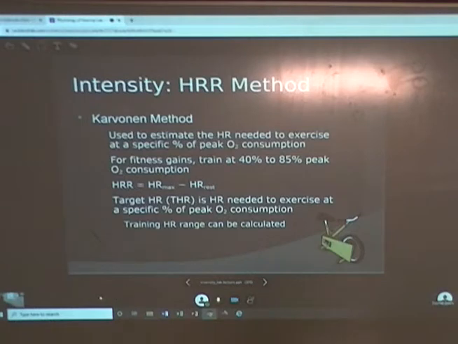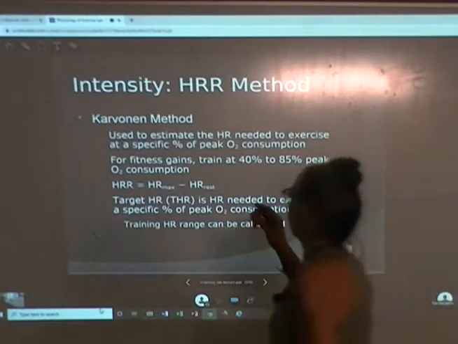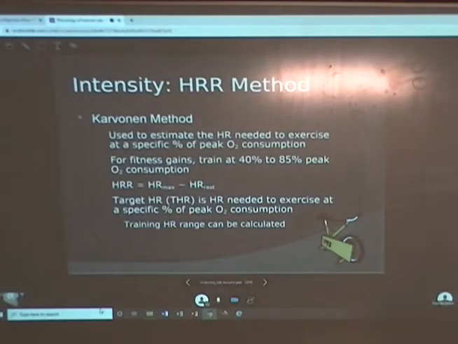And on page 386 in your textbook, they give you a nice example of this. Right? Your training heart rate, when we get to, let me write this equation down for you, hold on.